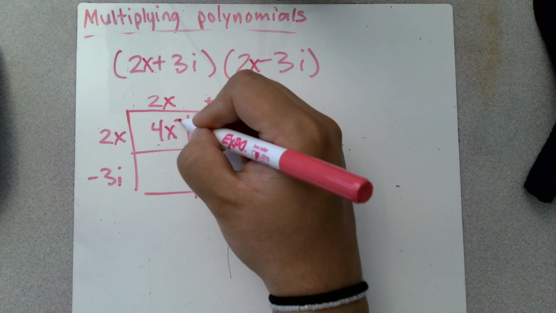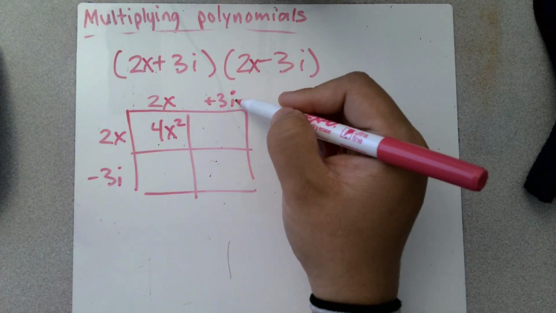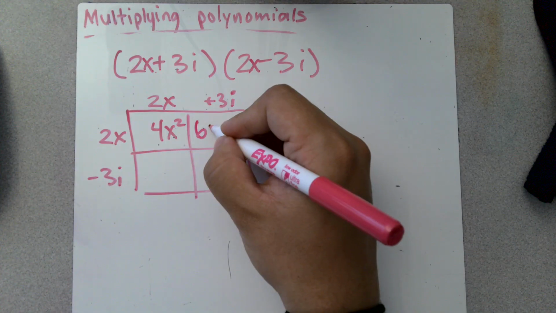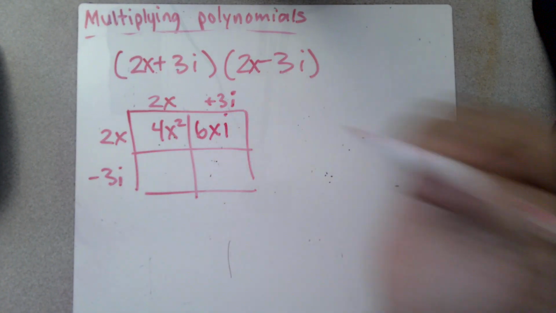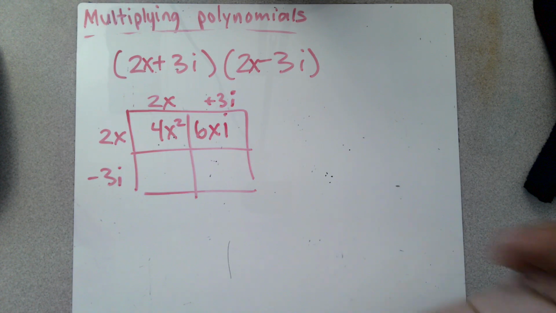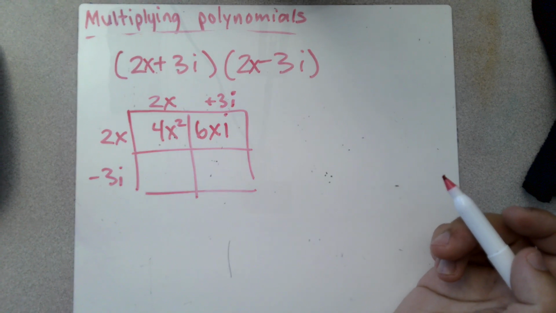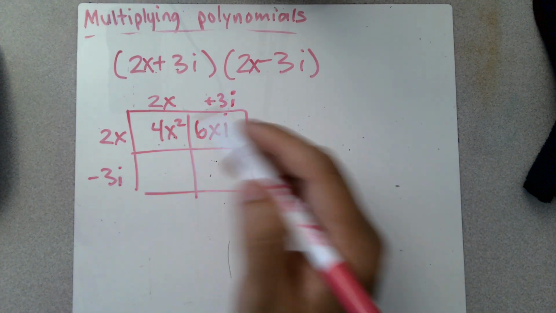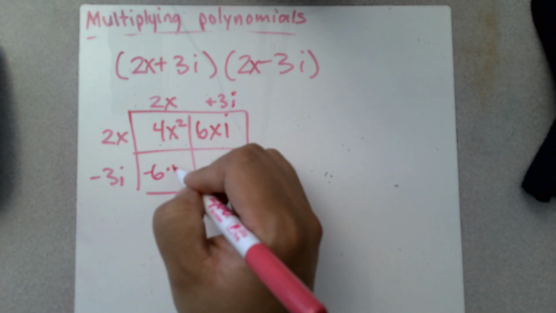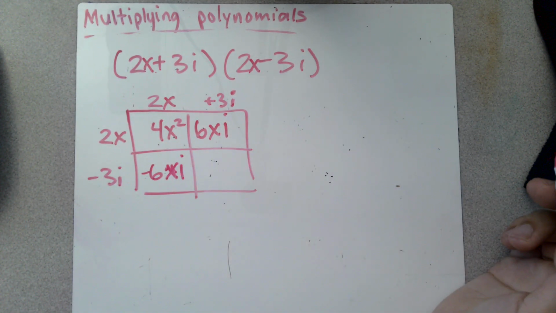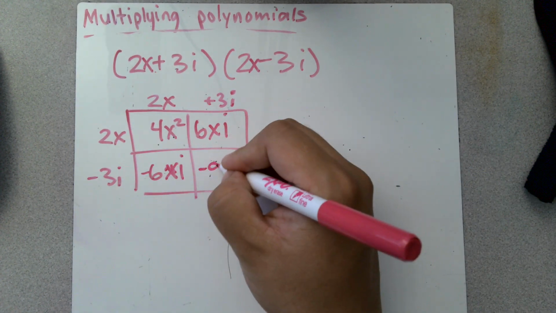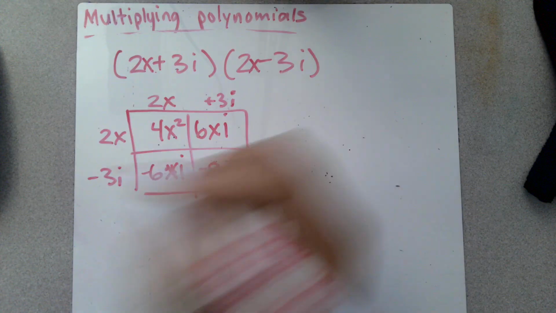So that's 4x squared. 2x times 3i: 2 times 3 is 6, times x, so 6x times i. Don't overthink it. i is just a letter for now. 2x times negative 3i: negative 3 times 2 is negative 6, so negative 6x times i. Then negative 3 times 3 is negative 9, and i times i is i squared.